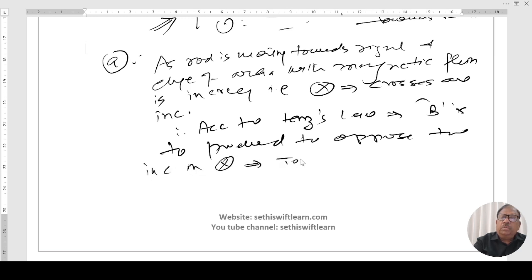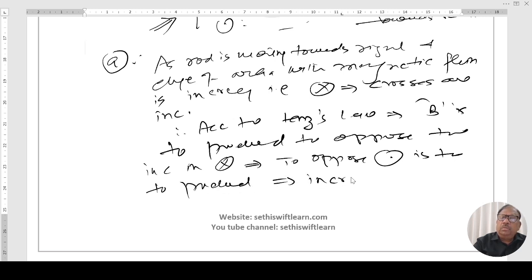To oppose it, the induced current will be produced anti-clockwise.